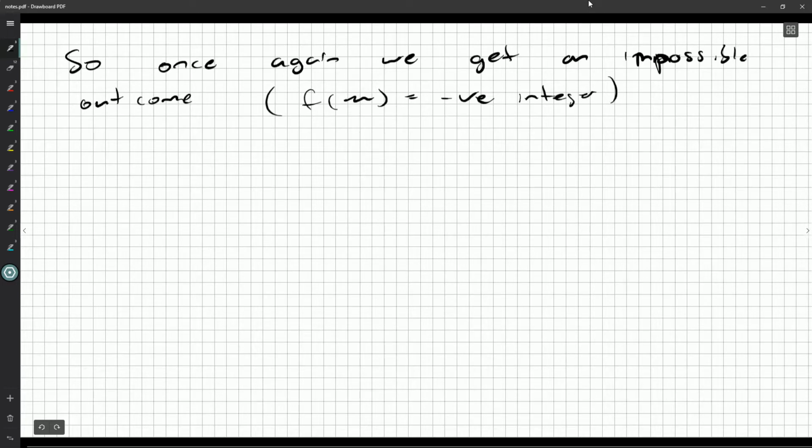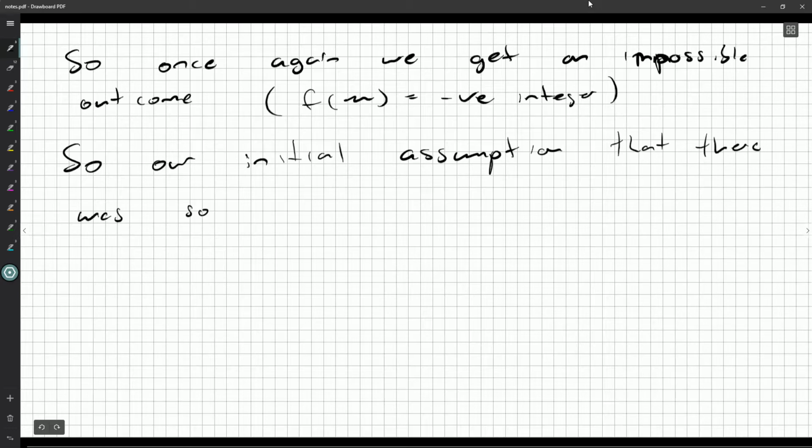Okay? So our initial assumption that there was some n so that f(n+1) was not the same as f(n) must be false. Because no matter what this difference is, if it's positive, we have a problem.